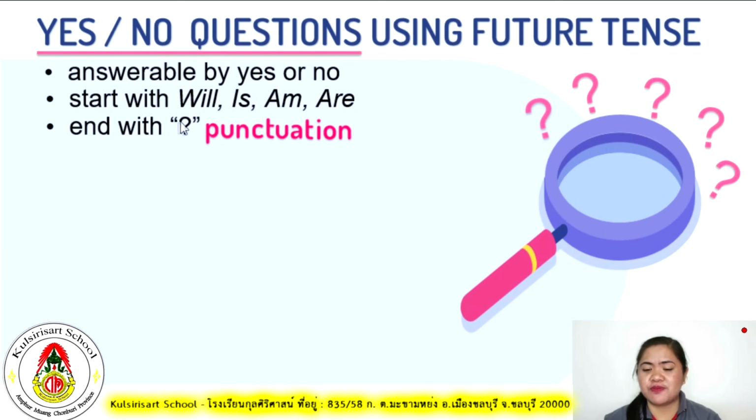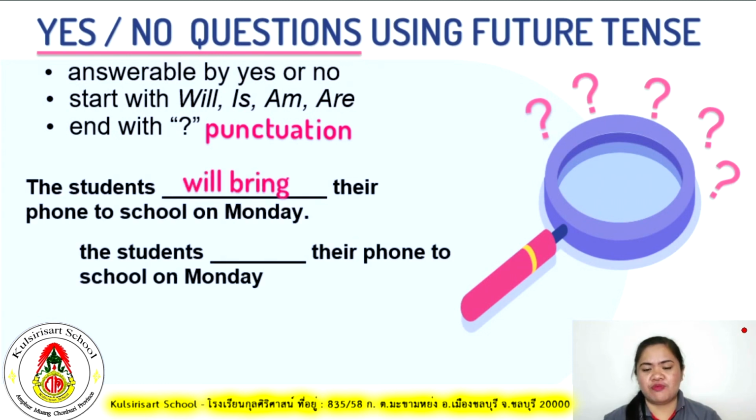How do you call this punctuation? Very good. You are really listening a while ago. So, question mark. Now we have here the example. The students will bring their phone to school on Monday. So, in the question form, it will become, will the students bring their phone to school on Monday? Again, can you read it for me? Will the students?